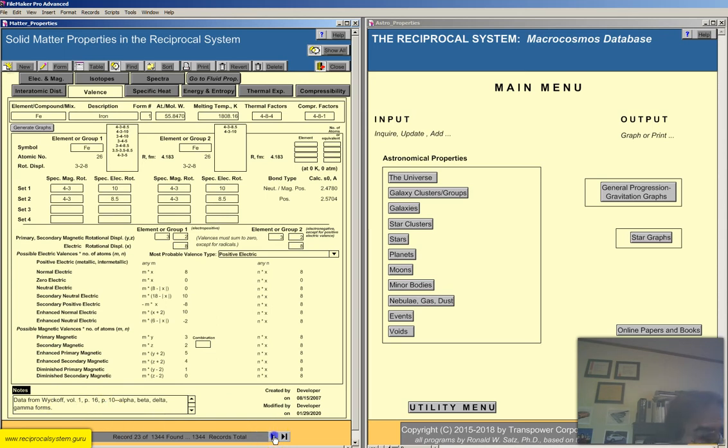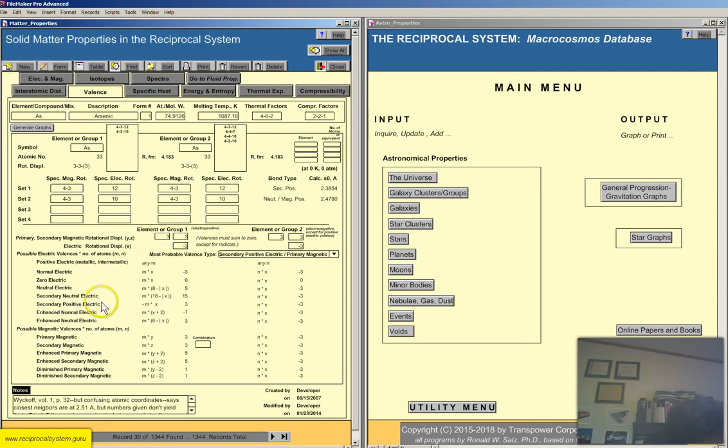Let's just look at a few other things. There's cobalt, again positive electric, copper, zinc, gallium, arsenic. Now here with arsenic, we have secondary positive electric or primary magnetic, so that's kind of interesting.